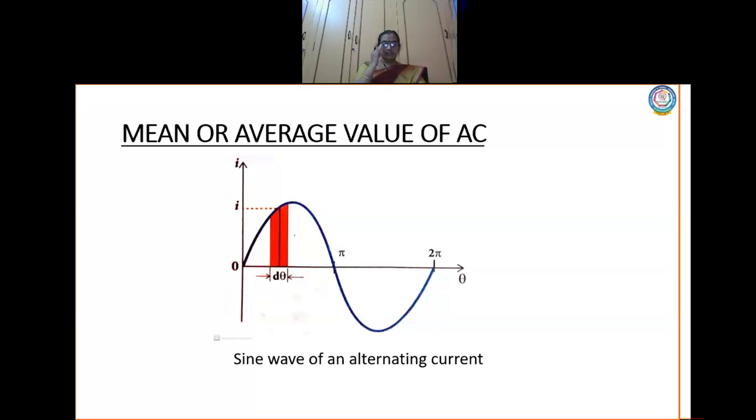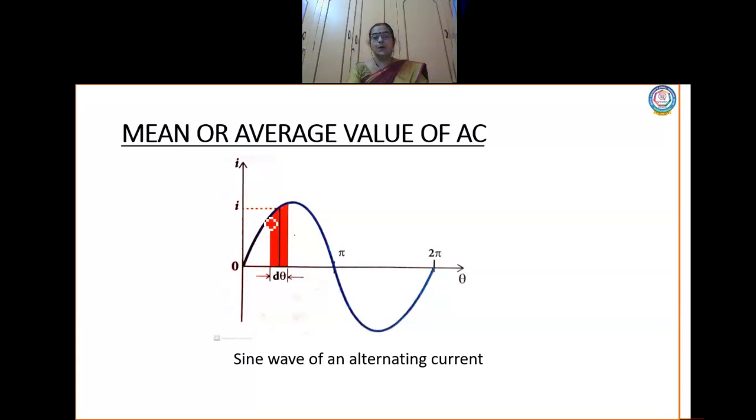We know that the magnitude of alternating current changes from one instant to another, because look at this curve, the current is not the same everywhere, it keeps on changing, and also its direction. Now here the direction and magnitude of current is one value. When I go here, the magnitude and direction of current will be some other value. So the direction as well as the magnitude of the current keeps on changing.